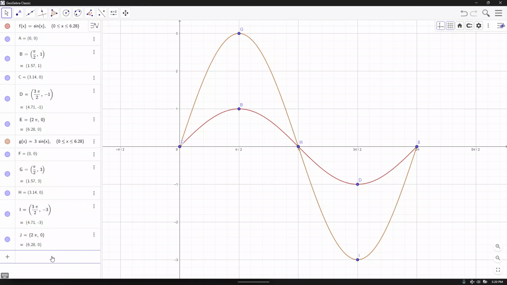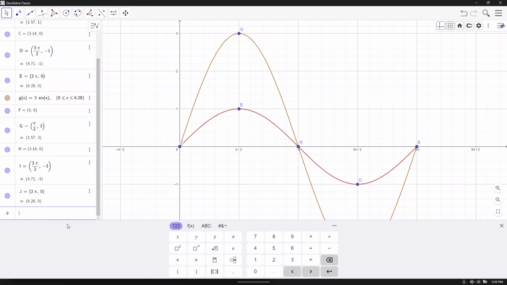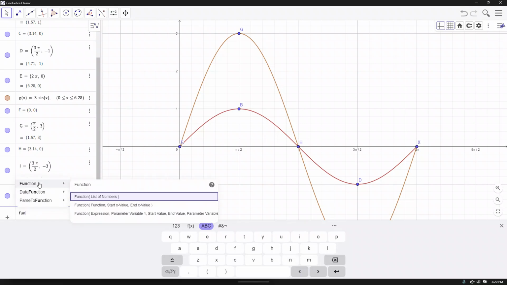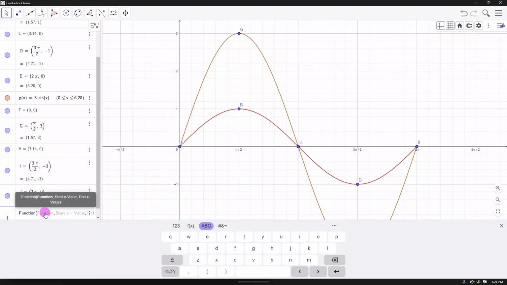So for instance, I'm gonna type function. Okay, function, and then I'm gonna choose the second command, that is where you type a function, you have a starting x value and an end x value. I'm going to choose this function, and then I'm going to type the same function I did before.